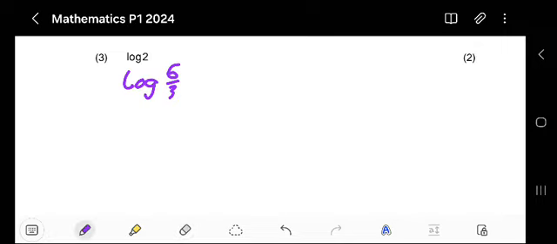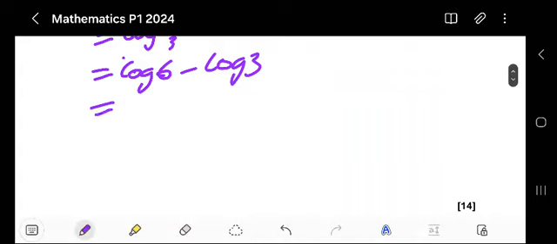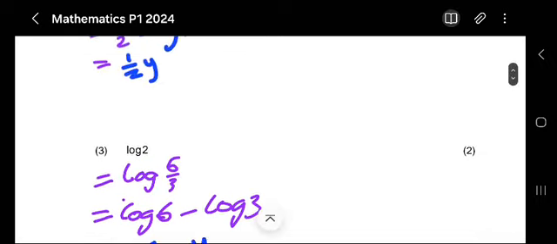So this will simply be equal to log 6 minus log 3. So yeah, but we know log 6 is x, and log 3 is y. So this is what we have so far.